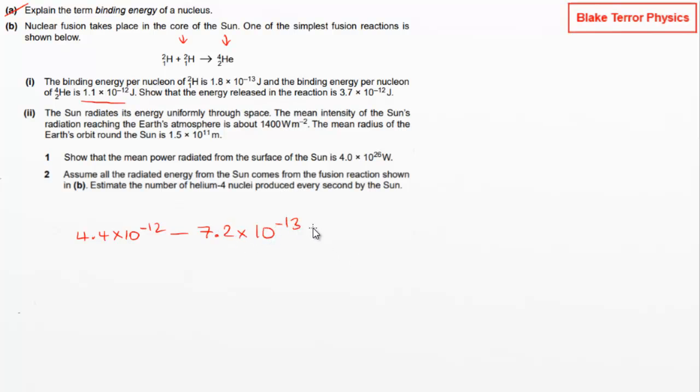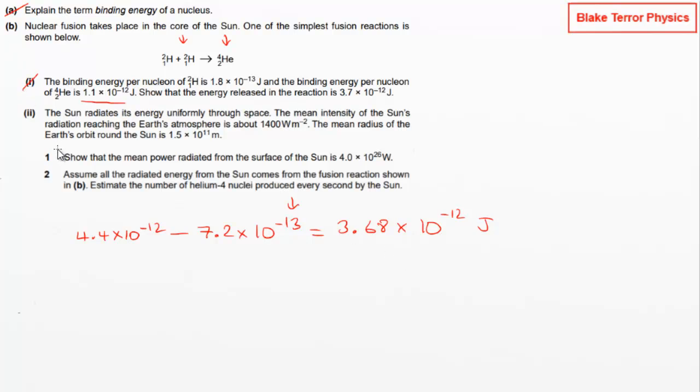That is the energy release. That's going to be 3.68, because we've got a difference in magnitude there. So 3.68 times 10 to the minus 12 joules. So that's done that one.